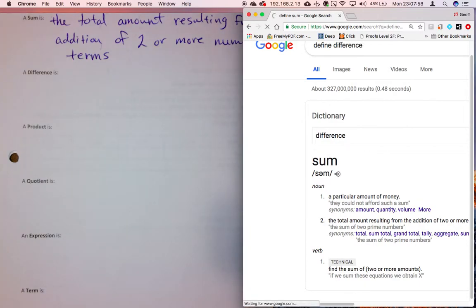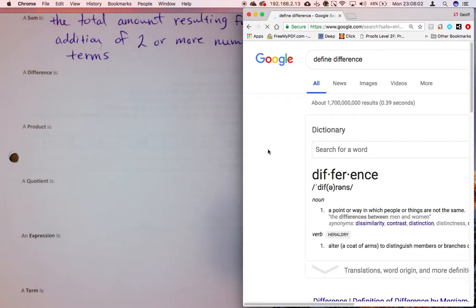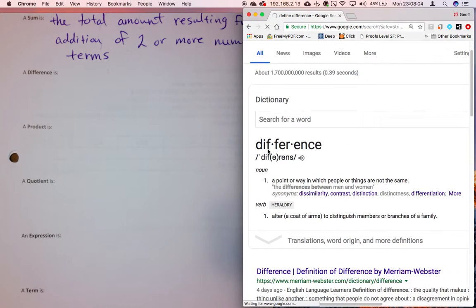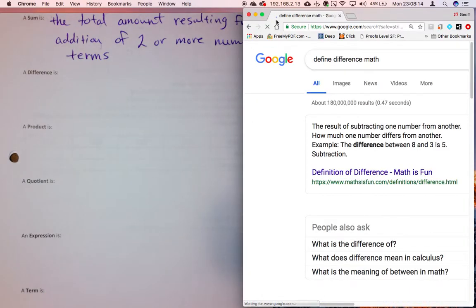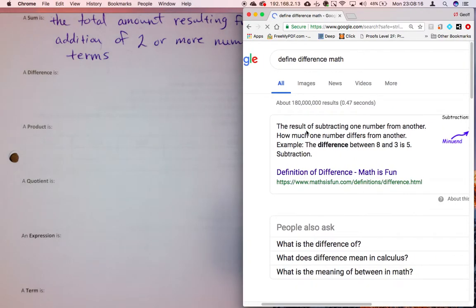Define difference. Oh, good. Now we got the spinning wheel. Difference. Math. Okay. Let's see what we get now. The result of subtracting one number from another.